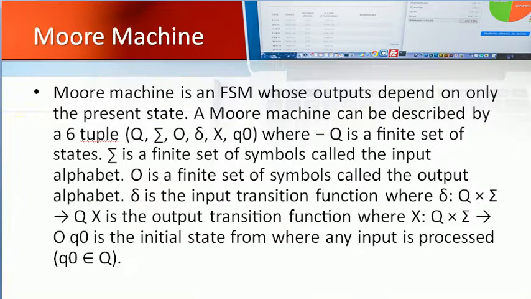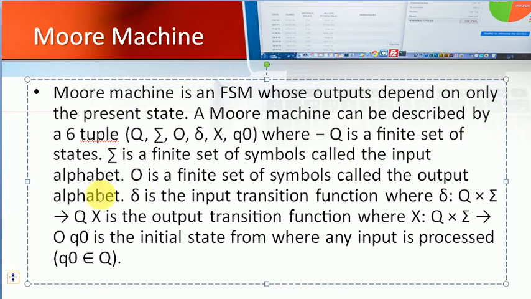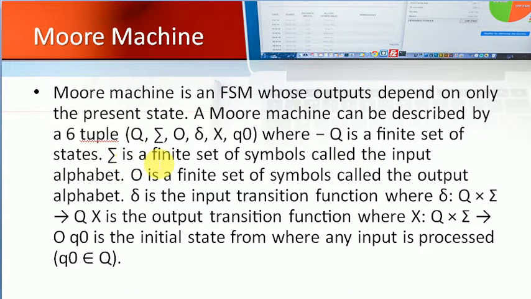Now we will see the Moore machine. A Moore machine is a finite state automaton where output depends only on the present state. A Moore machine can be described by the 6-tuple, the same as we described the Mealy machine: Q, Sigma, O, delta, X and q0, where Q is the finite set of states, Sigma is the finite set of symbols called the input alphabet, and O is the finite set of symbols called the output alphabet, and delta is the input transition function.